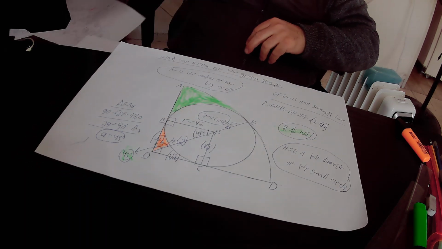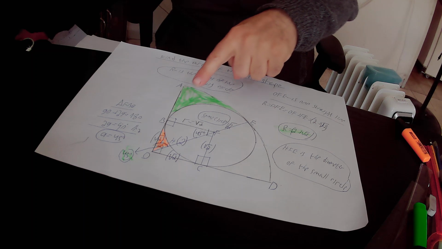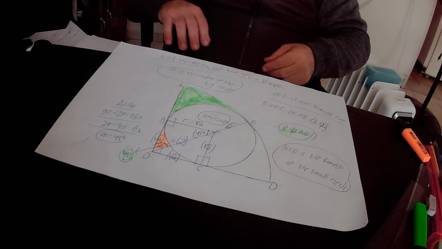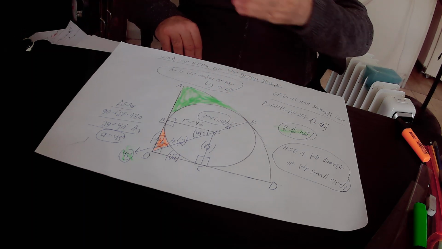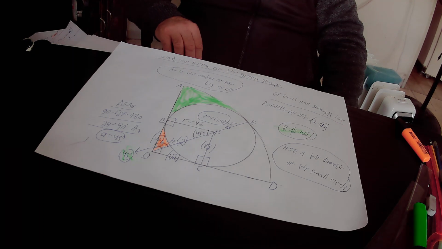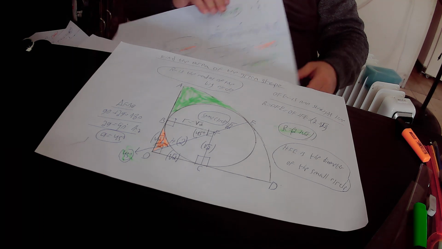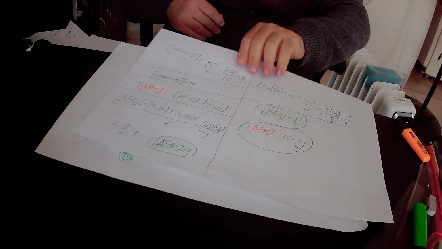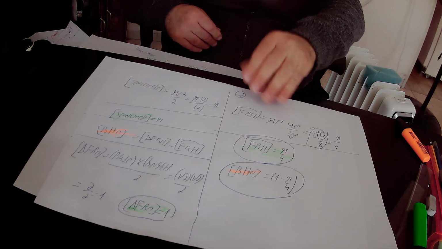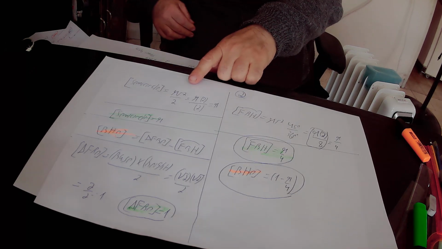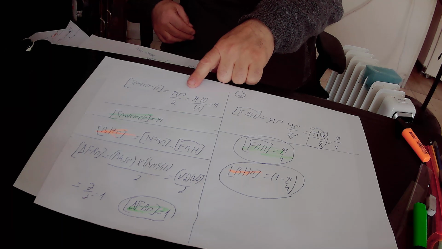In the next step, we find out the area of this small semicircle. The small semicircle is half of the small circle. And you know that the area of the small circle equals pi r squared.